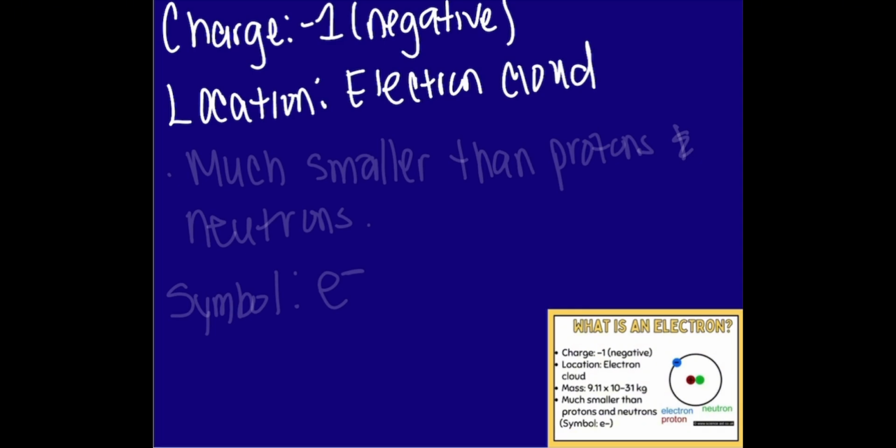That is where we will find our electrons. The mass of an electron is 9.11 times 10 to the negative 31 kilograms. It is also important to note that our electron is much smaller than our protons and neutrons.